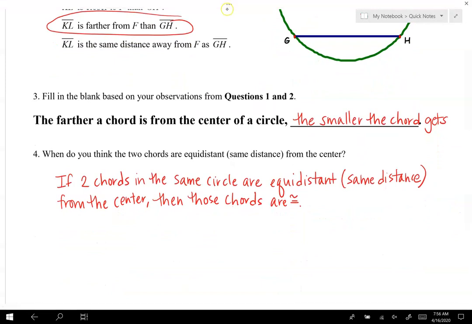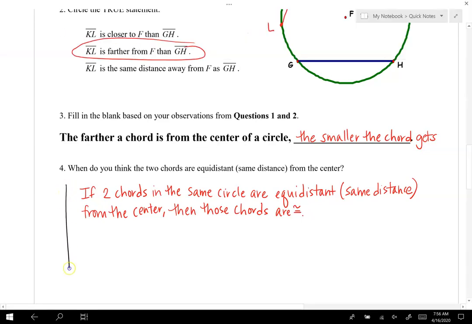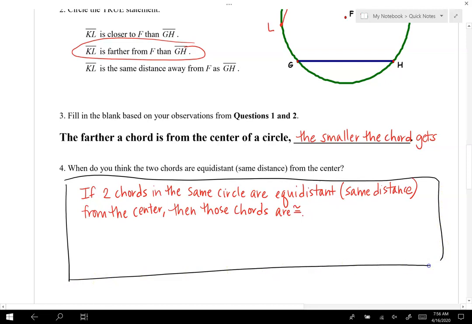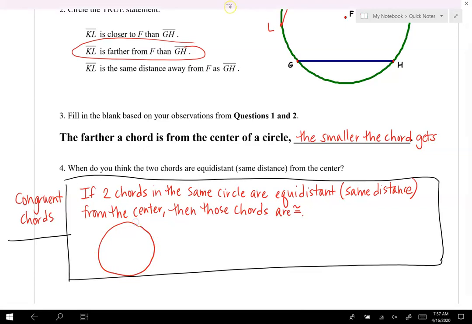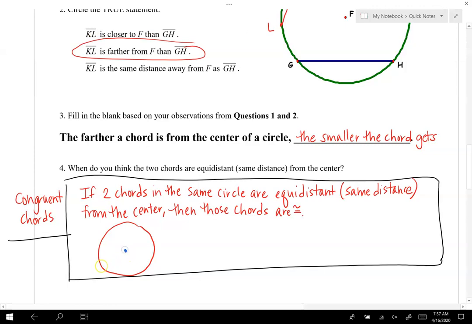So what I would do is, in your yellow pages, write this down. So I'm going to magically turn this into a yellow pages box and call this congruent chords. And we'll draw a picture. It looks like this. So I've got two chords.